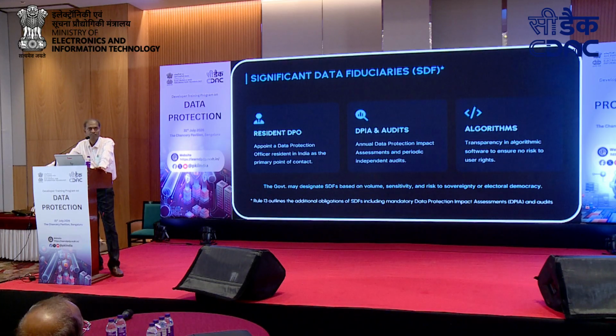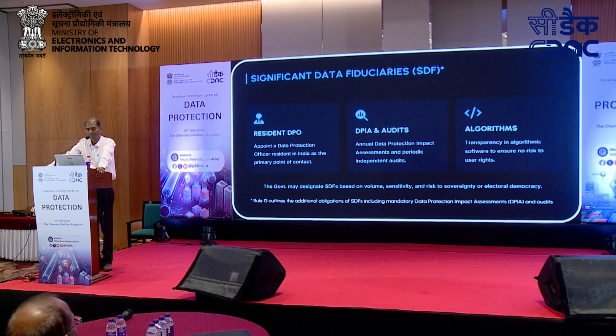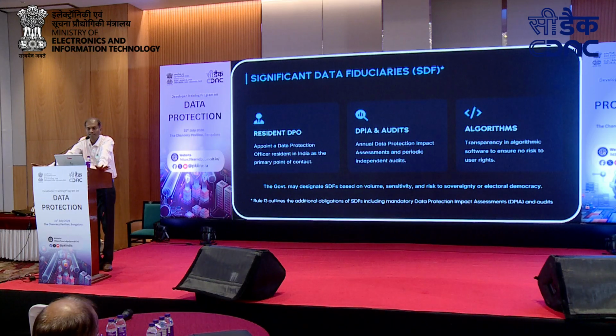They have to ensure that it is being done. And today we know that most of us use a lot of algorithms, and transparency in algorithmic software is also critical to ensure that no risk to user rights arises. Okay, so that is also to be taken care of by the DPO. These are all mandatorily required once you are declared an SDF, that is, a significant data fiduciary.